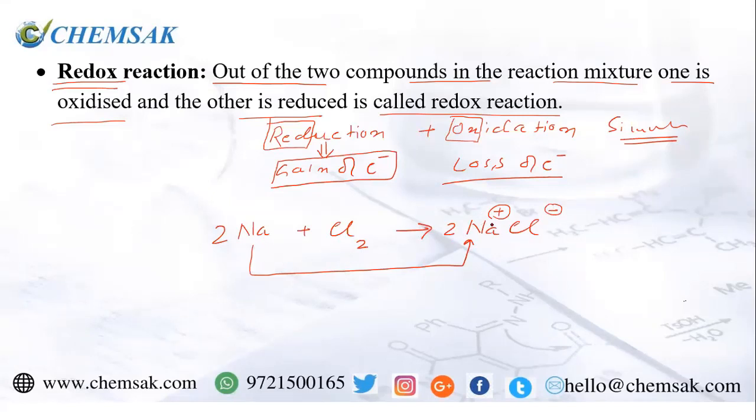When sodium converts into Na positive ion, loss of electron takes place, and when chlorine converts into Cl negative, it gains electron.